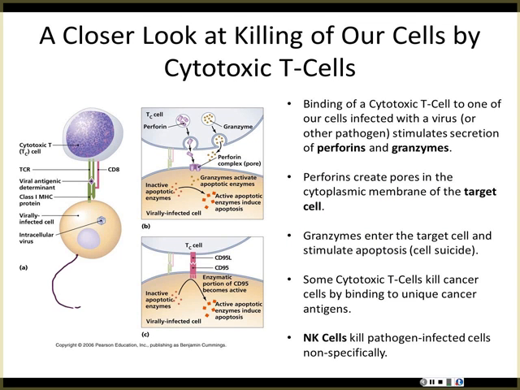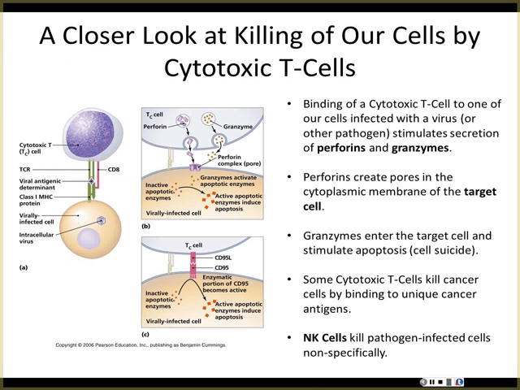So this is supposed to be one of your cells that's infected with a virus. And right here in green, that's a class 1 MHC protein on the surface of that infected cell. And that little diamond right there in purple, that's supposed to be an antigen fragment from the virus that has infected that cell. Cytotoxic T cell comes along. There's its T cell receptor. It looks a little different from how your book is drawing the T cell receptor. And that very specifically attaches to that antigen piece.